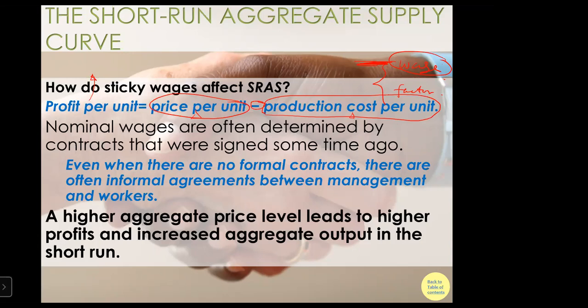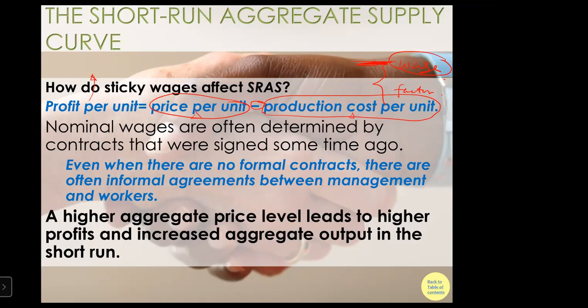But over time, you either protest or you just walk away, so you're going to find an alternative job. That's going to put some pressure on the business owner, so they must adjust wage to reflect the change in standard of living for the workers. But that's caused by sticky wage.